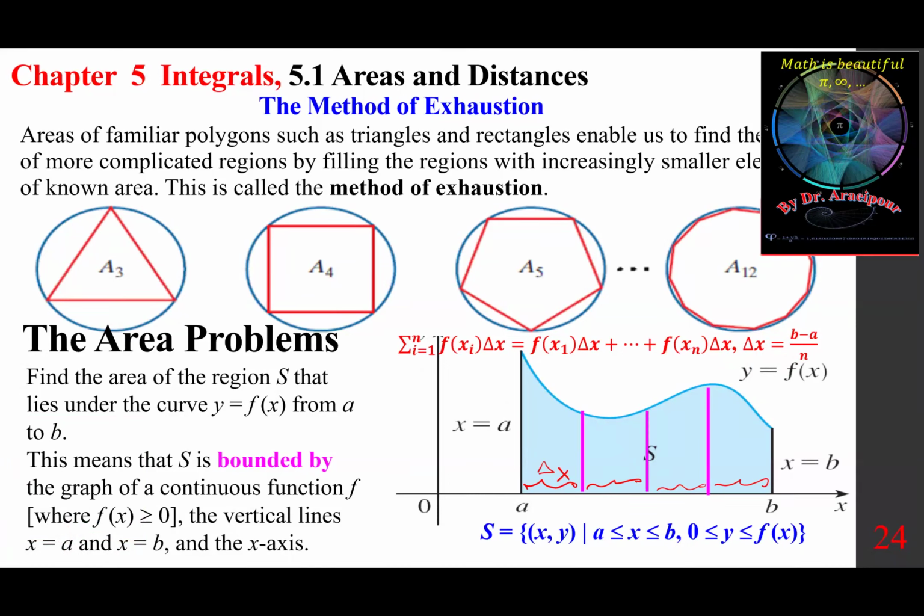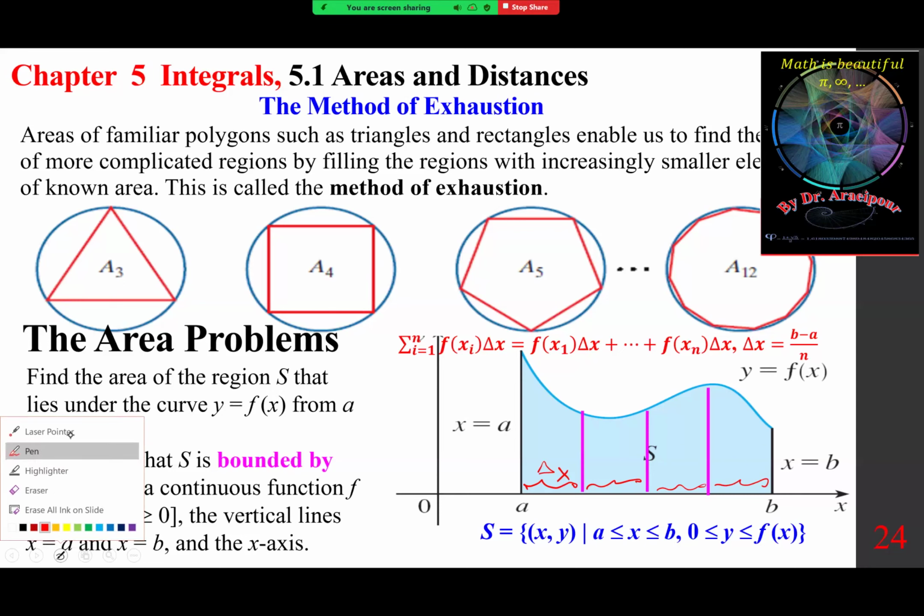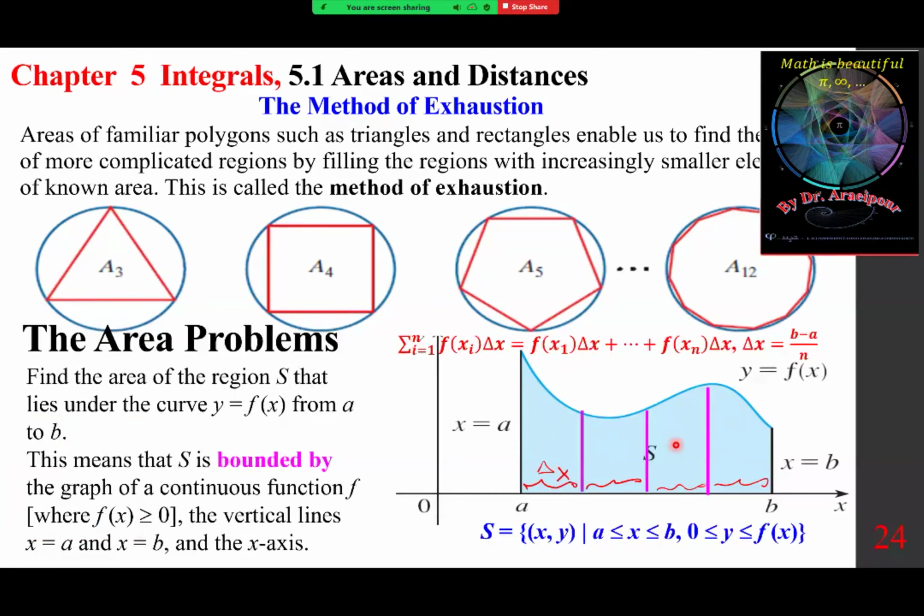Now, what do you do with those rectangular strips? You have the width and it's precise, but what about the height? What is the height of this rectangle? You can use the left endpoints, right endpoints, the midpoints. It doesn't matter. It's an approximation. So if you use all the left endpoints, those are the heights.